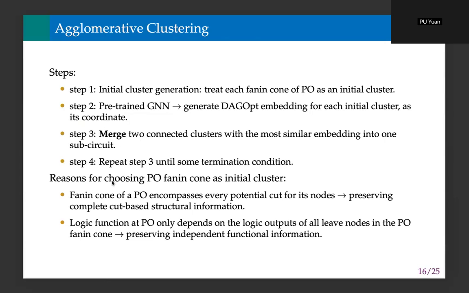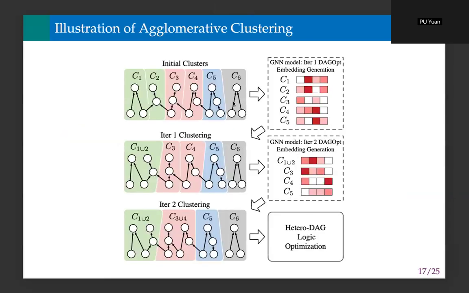The reason for choosing the PO fan-in cone as the initial cluster is that it preserves the complete structural information and the independent functional information. Okay, this is a visualization of the agglomerative clustering.